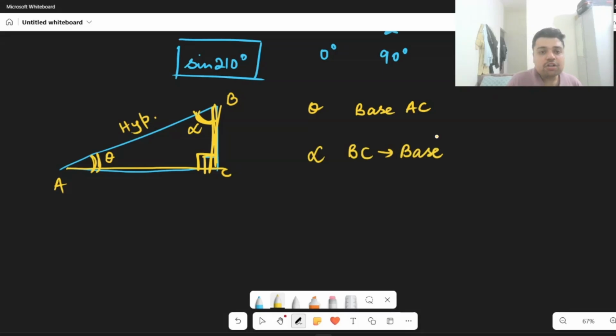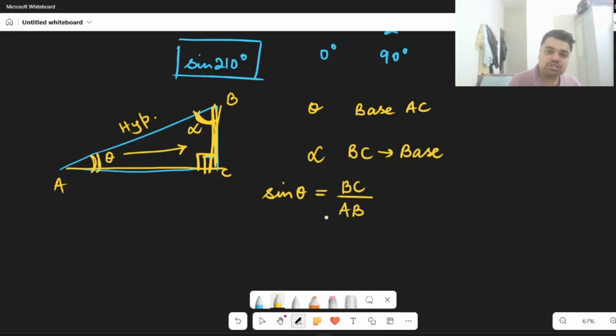Okay, now coming to my first question, what is sine theta? We know sine theta is perpendicular by hypotenuse, right? So the side opposite to theta, BC, will be the perpendicular, divided by the hypotenuse AB.